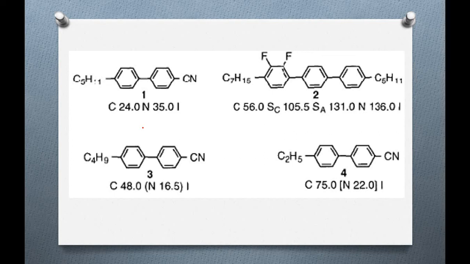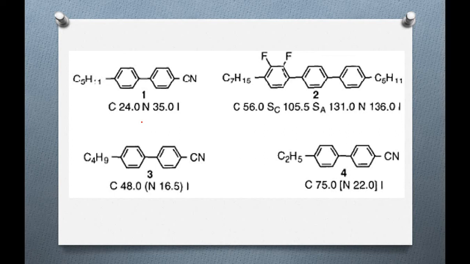So for example, this particular compound number 1 melts at 24 degrees centigrade, okay, and has a nematic phase stability of 35 degrees centigrade. Remember that nematic phase stability tells you about the upper temperature limit up to which you can have nematic phase present.